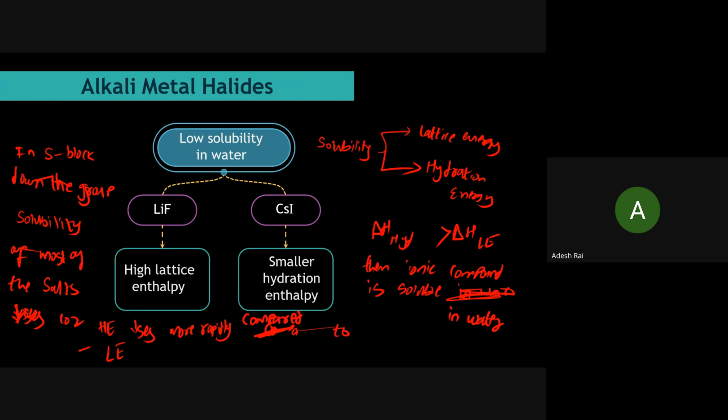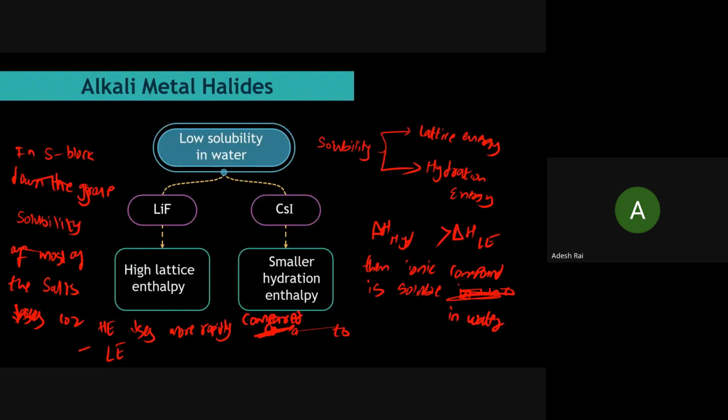Smaller hydration enthalpy depends on what? Charge and size, no? So cesium plus, iodide minus. Charge is the same, but size is highest for both of them. Cesium is highest in its group, iodine is highest in its group in size. So if size is more, hydration enthalpy will be less.